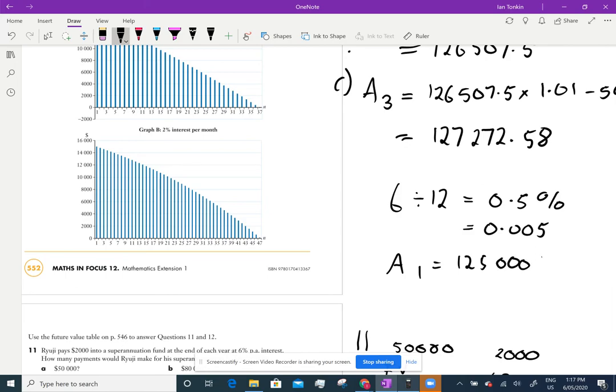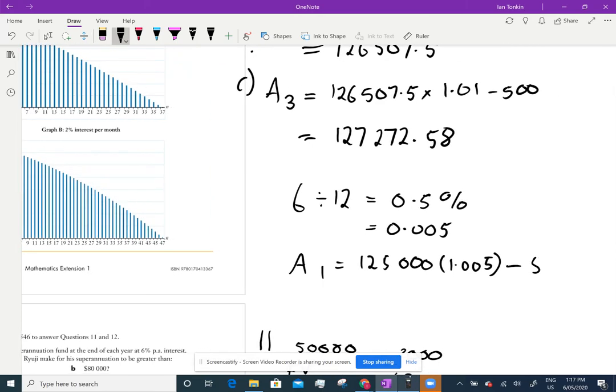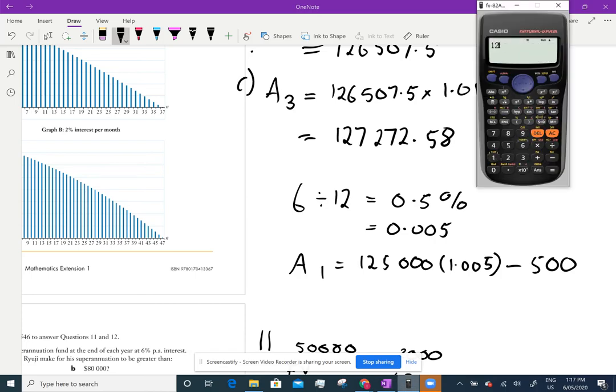So when you're doing it, A1 will be 125,000 times 1.005 minus 500. Now I wonder whether or not that is going to be enough to keep the principal. Yeah, it is. Right?